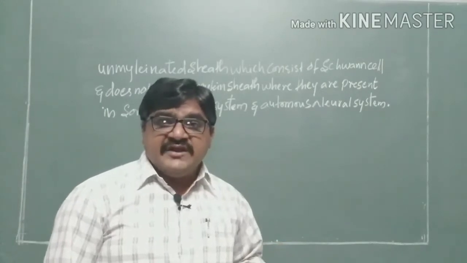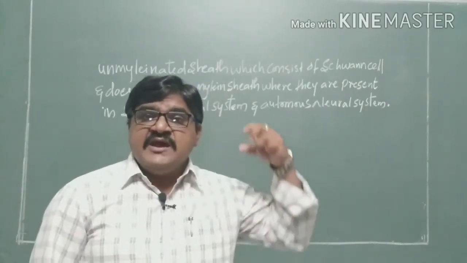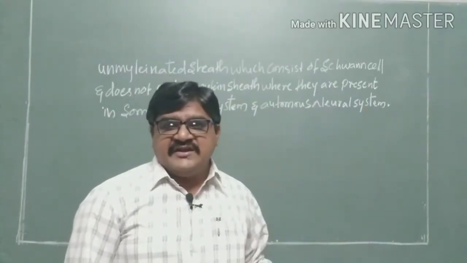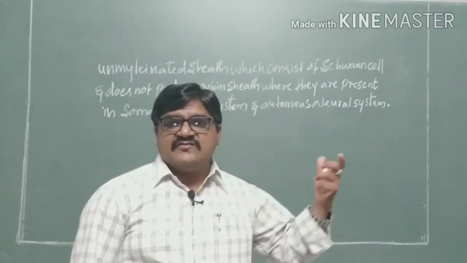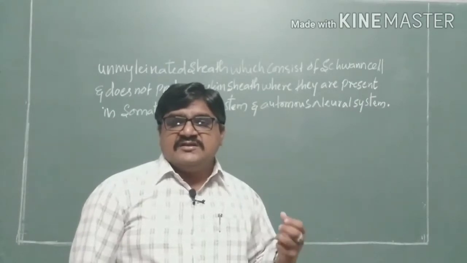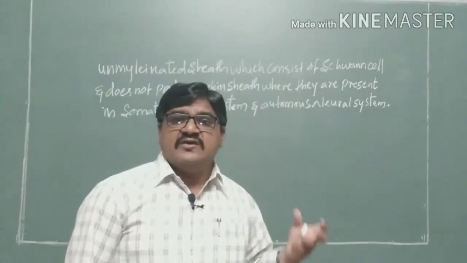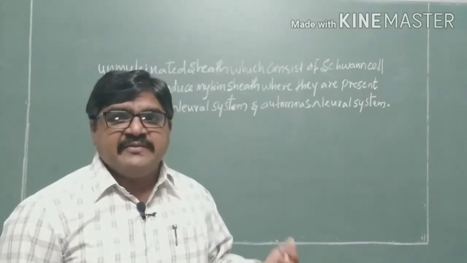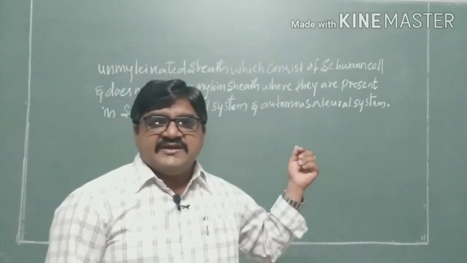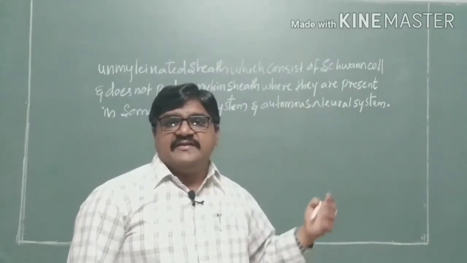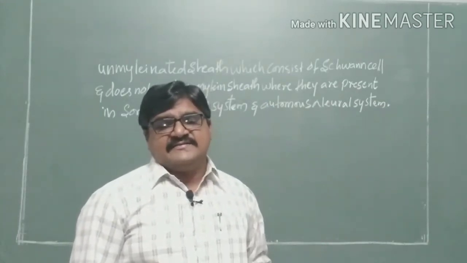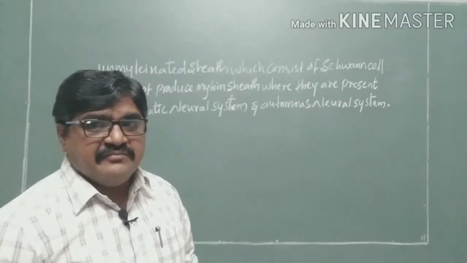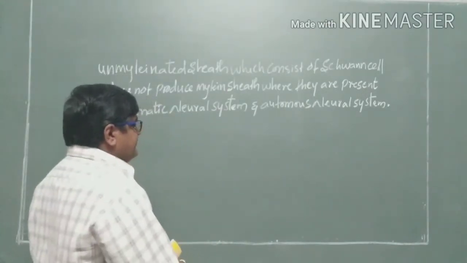You have already studied the nervous tissue in detail in the chapter on tissues, including the structure of the neuron. But here again I gave a brief explanation of the neuron in the last class.